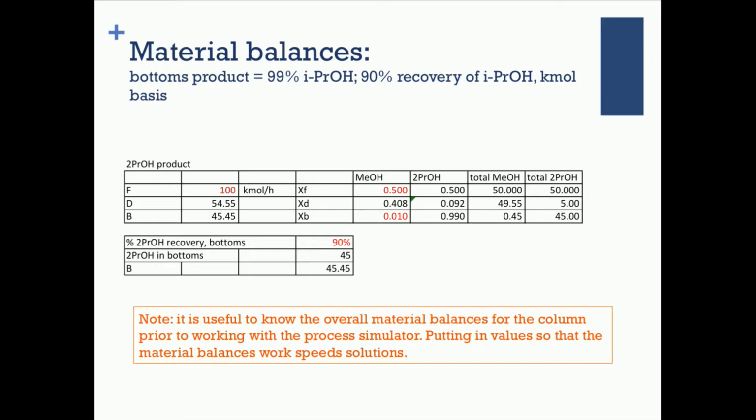It's really going to speed our solution when we put in values for the material balances that close. I can put in material balances that don't close, and ChemCAD will find a solution, but sometimes it's slower and sometimes it's really slow. So we'd like to start out with the problem solved by hand before we go to the process simulator.